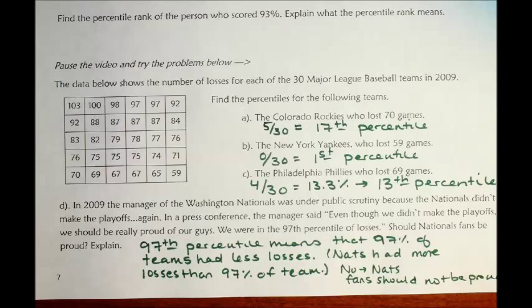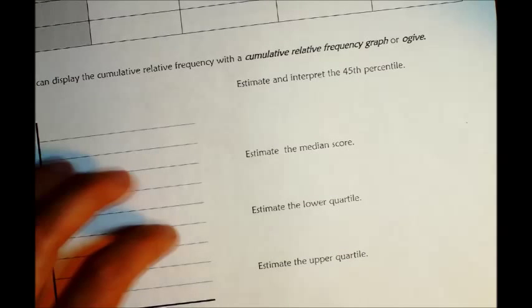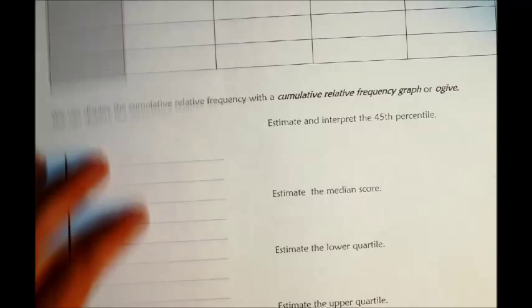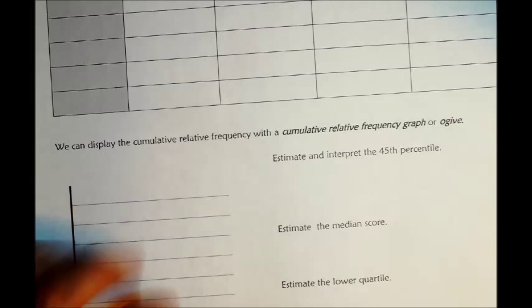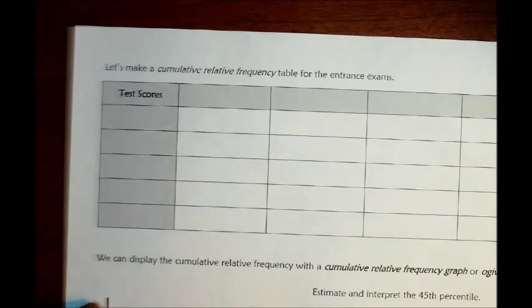So we're going to take this data and we're going to make a different type of graph called a cumulative relative frequency graph. And to do that, we need to make a table. So we're going to go back to the original example with Frank. With Frank's example, we're going to make 5 intervals.